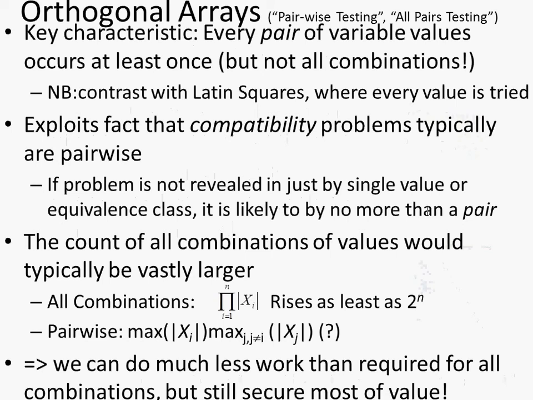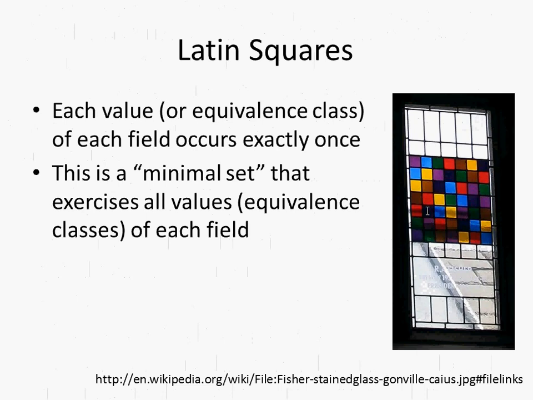You might say, why does that save anything? Well, if we have to examine all possible pairs, we have to examine every square in this grid. For a case of 2 dimensions, it doesn't really save us. But if we have 3 dimensions, or 4 dimensions, or 10 dimensions, it saves a lot.